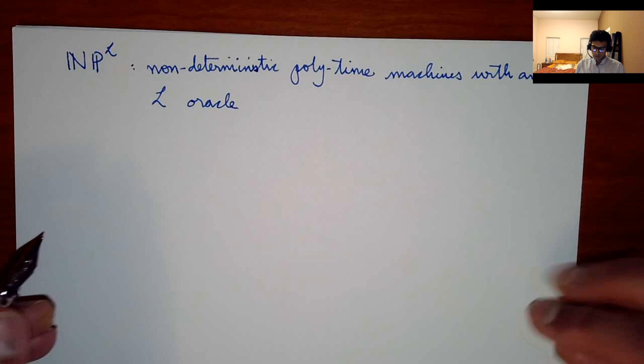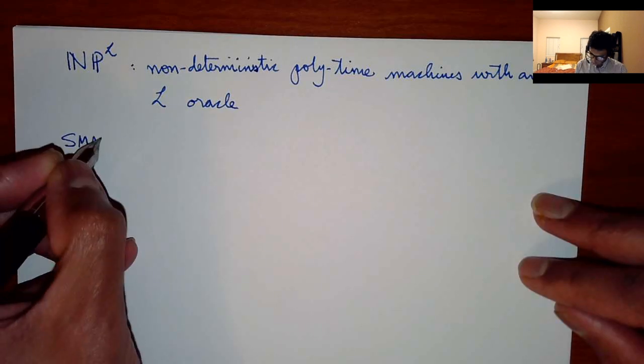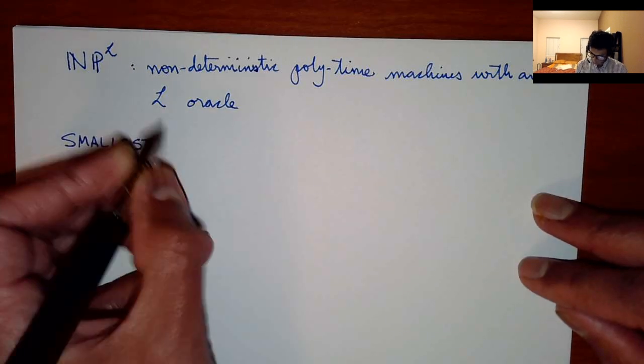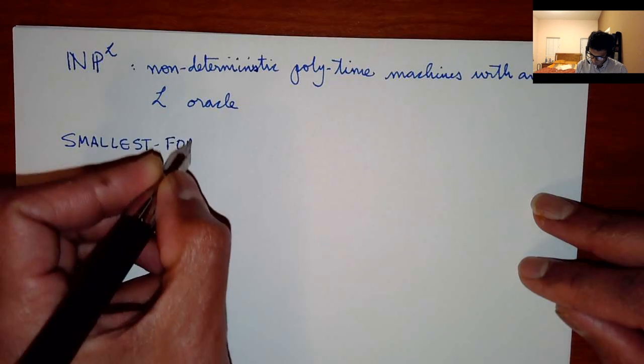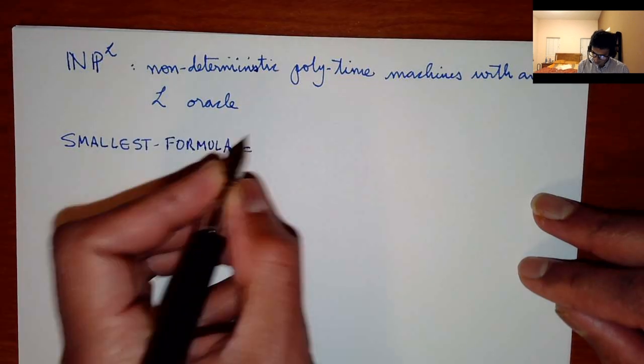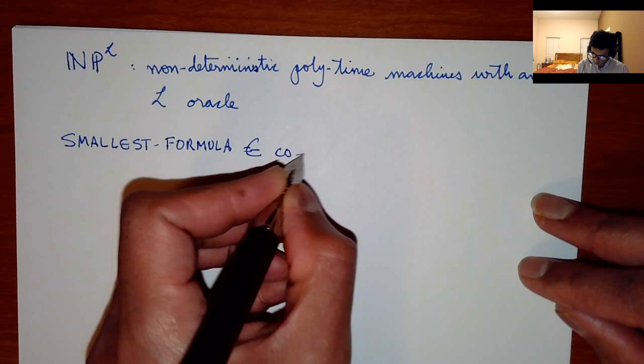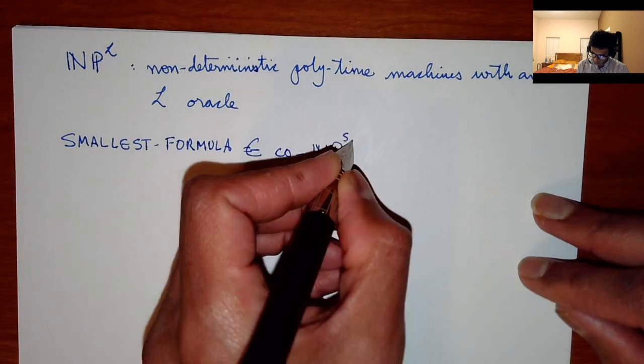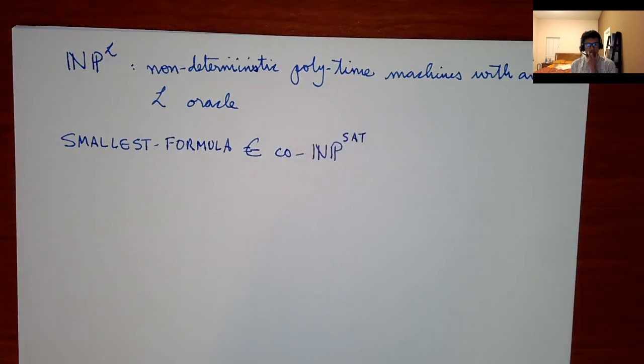Now, if you think about it, smallest formula is actually in co-NP to the SAT. What does this mean?